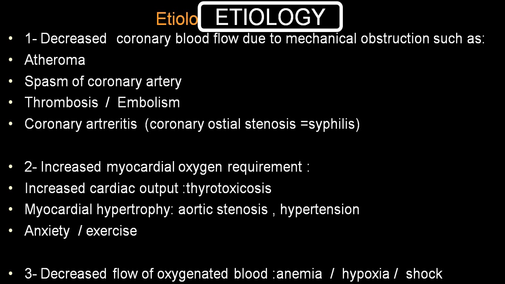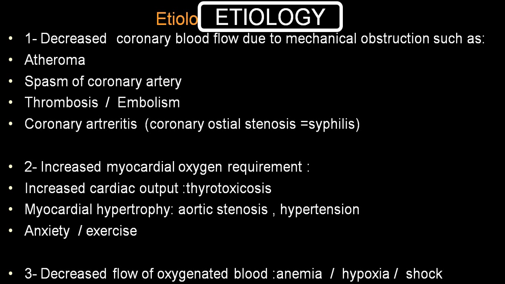We have already mentioned in the ischemic heart disease chapter, increased demand, classical example tachycardia, tachyarrhythmias, or increase in size of myocardial tissue like hypertrophy. Classical examples: hypertension, aortic stenosis, etc. Or tachyarrhythmias like thyrotoxicosis, anxiety, exercise, those groups.